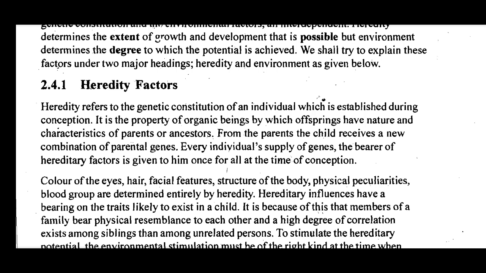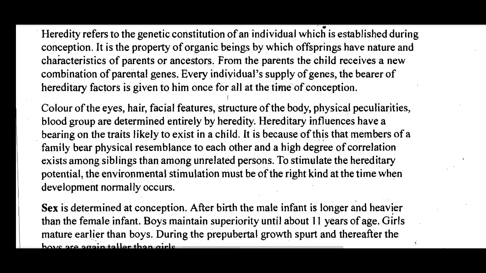From the parents the child receives a new combination of parental genes. Every individual's supply of genes, the carrier of the hereditary factor, is given to him once for all at the time of conception. जब बच्चा कंसीव होता है तब से उसके हेरिडिटी मीन्स माता पिता के अंश बच्चे में आ जाते हैं, जैसे उनके आइज़ का कलर, उनके फेस का कलर, उनके बॉडी का स्ट्रक्चर सब माँ बाप पे ही जाता है.